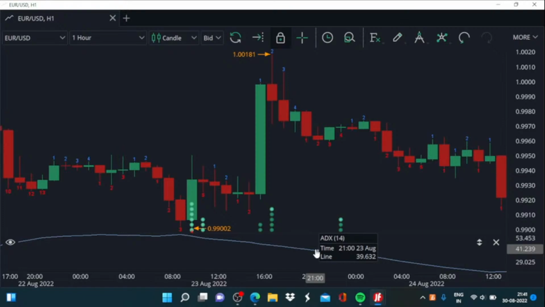So at that point, the ADX output value will start rising. That's why I said 25 and rising is the preferred gauge of the strength of the trend.